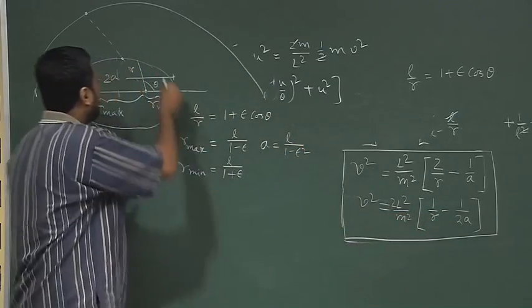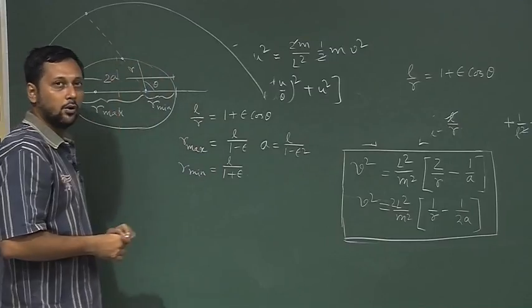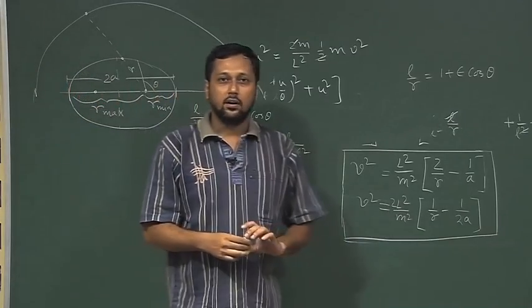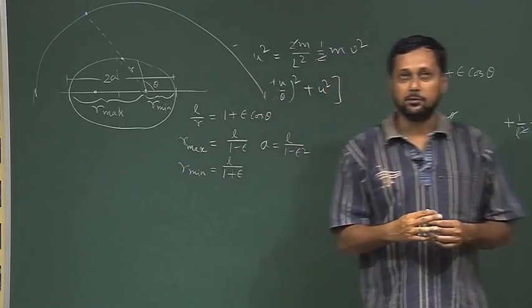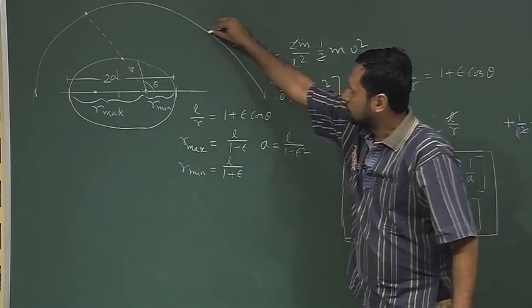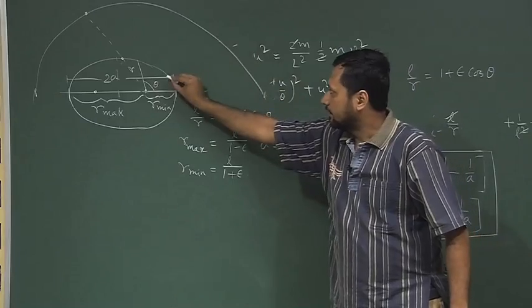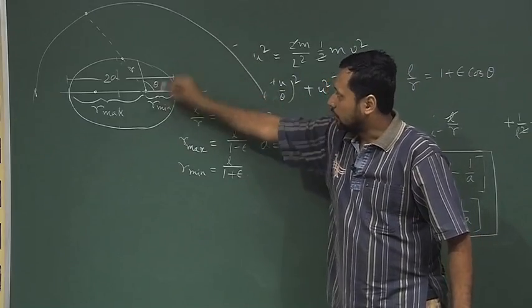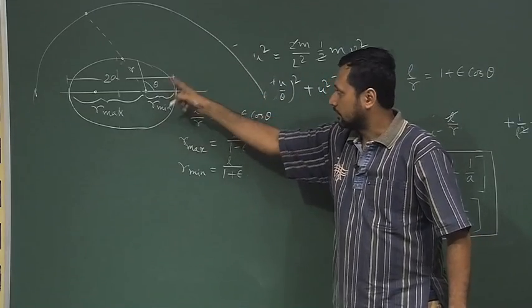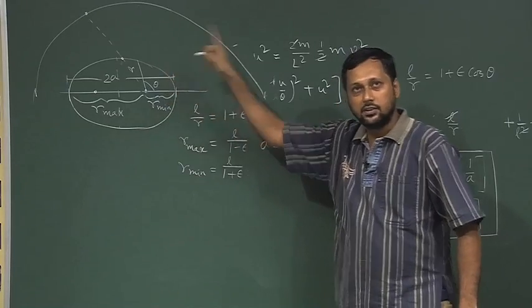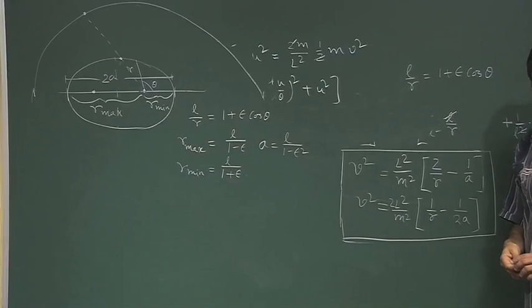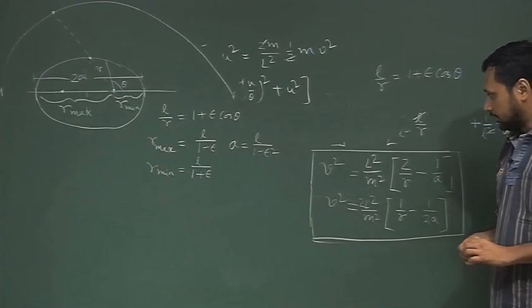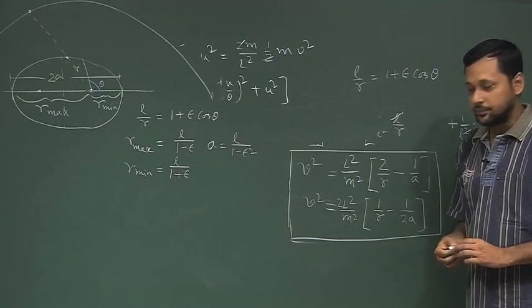So, the velocity at any point on this elliptical orbit is the same velocity the mass point will achieve if it is dropped from any point on this big circle and ends up at that point of the elliptical orbit. So, this is the physical significance of this result. Please keep that picture in mind, because it is sometimes very useful in understanding certain phenomena.